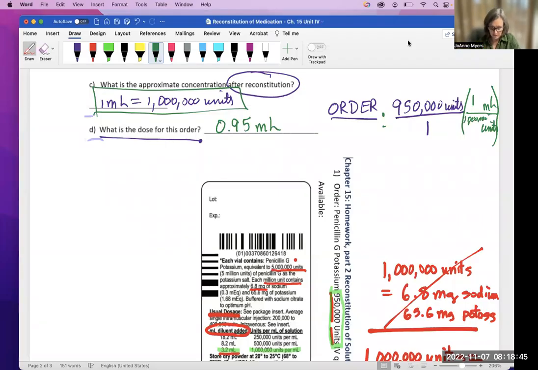All right. Now you can see the original order was down here. 950,000 units is how many you need to get into your patient. So in order to get that amount of medication into your patient, you will need to put into the IV 0.95, or 95 hundredths, of a milliliter.